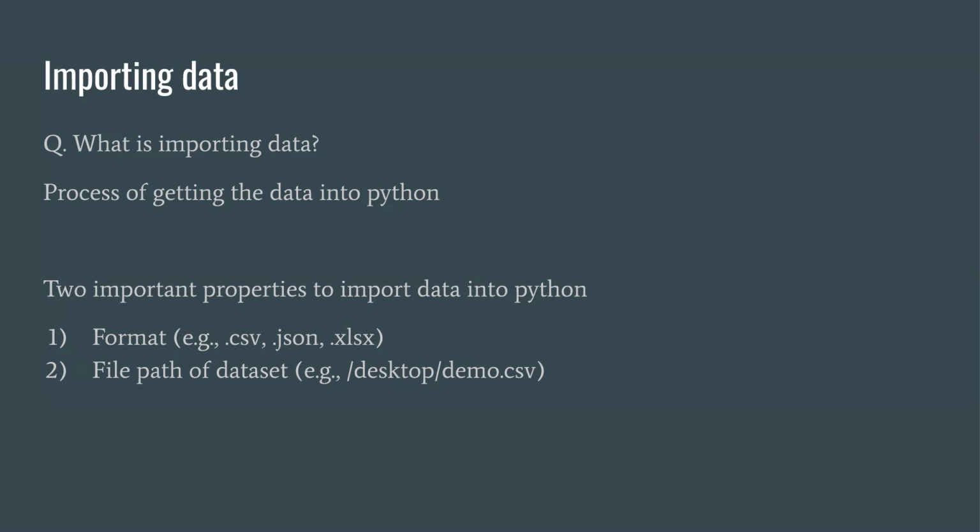We can usually tell different encoding schemes by looking at the ending of the file name. Some common encodings are CSV, JSON, XLSX, HDF, and so forth. And the path tells us where the data is stored. Usually, it is stored either on the computer we're using or online on the internet.